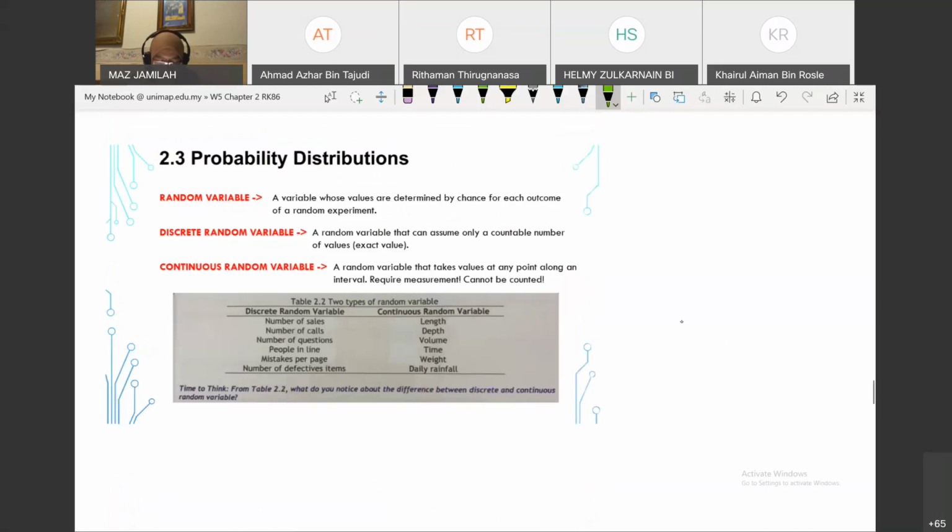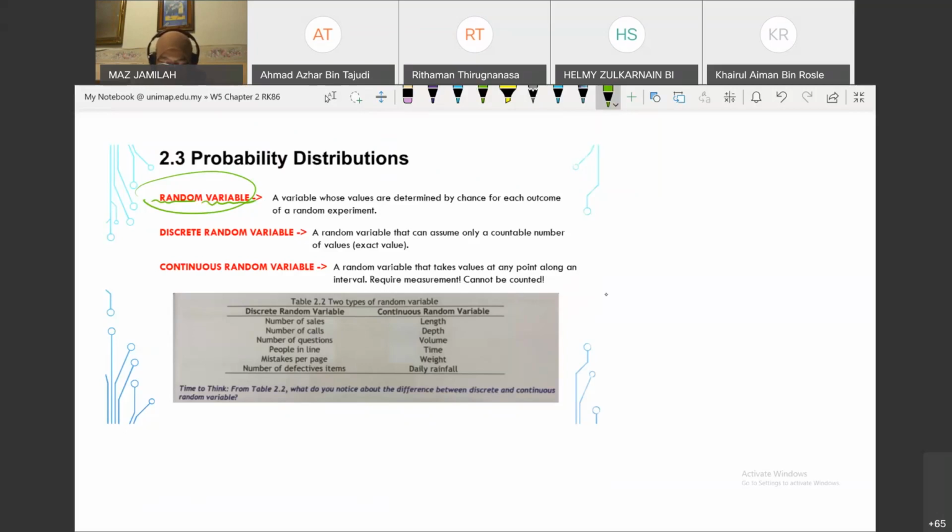Now, let us look at the first, the random variable. More or less this concept I have explained earlier. We still have the variable, and this variable is known as random because the variable is representing your subject from your population, and we wish to have our random variable representing the population.